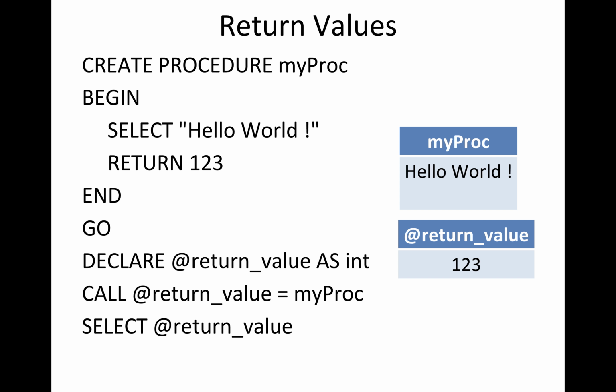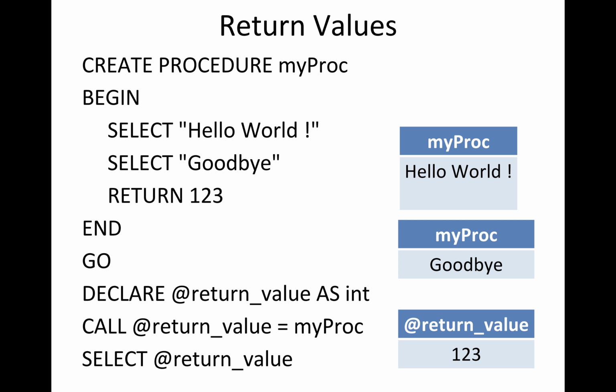Here in this case it is 1, 2, 3, which we are assigning to a local variable, return value, first declaring it as an integer to be able to hold the value that's being returned, and then, to display it, to echo it, we are selecting it and displaying the value.